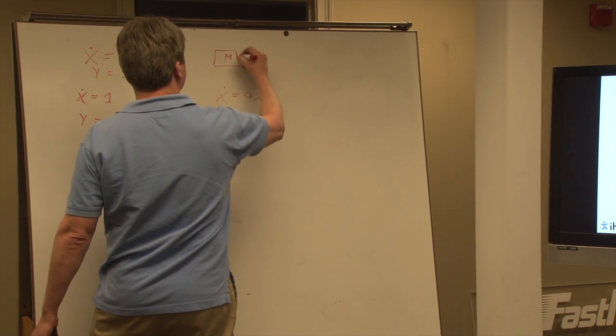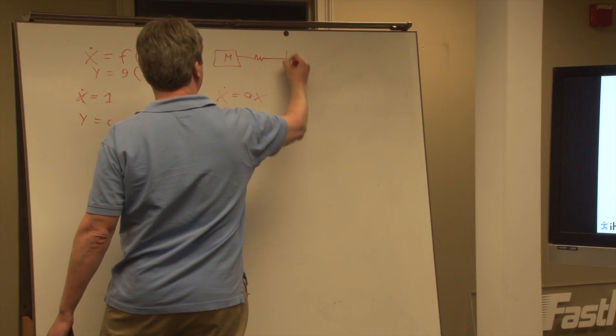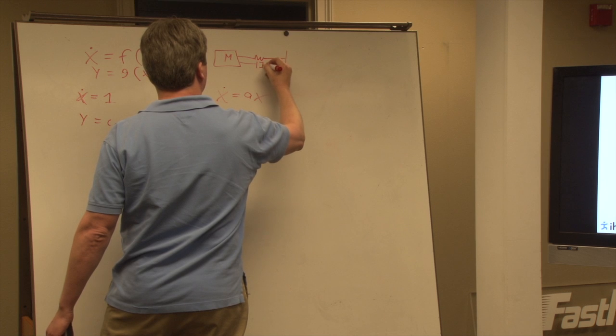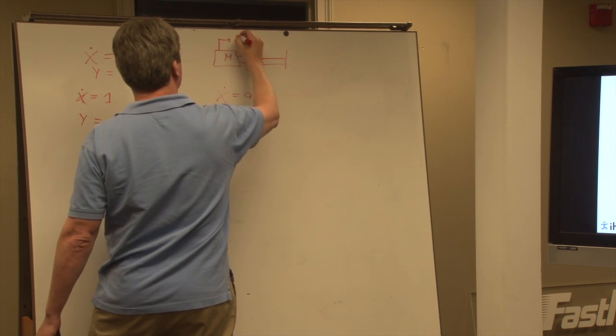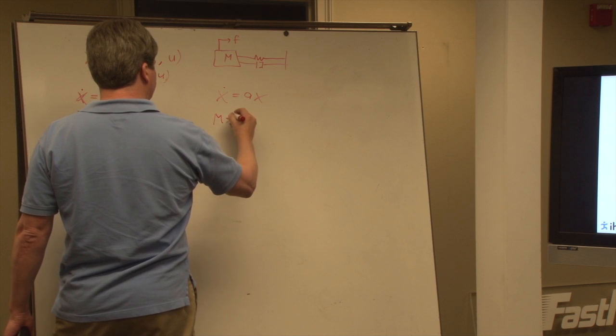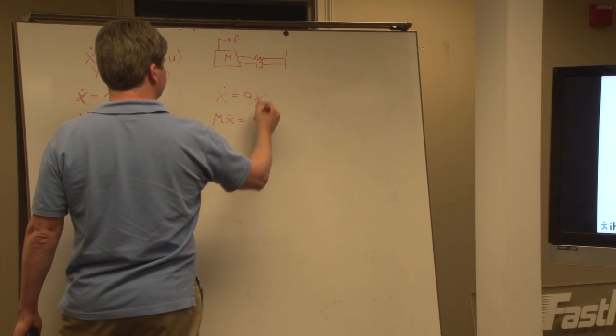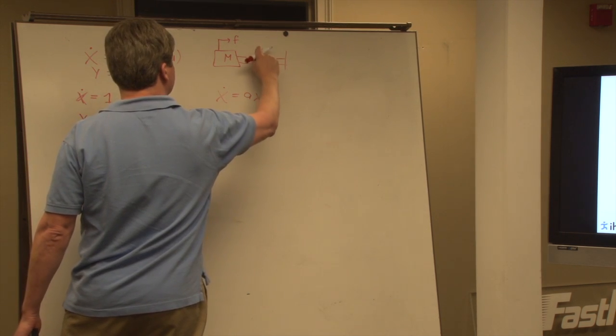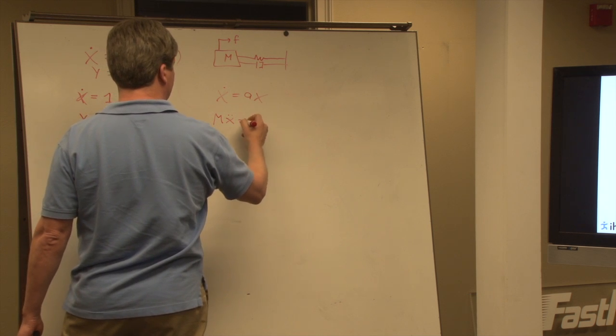If you have a mass on a spring, a damper, and some driving force F, then your equations are going to be F equals ma, m x double dot equals, if you have spring constant, well, let's just say that's a general purpose spring.